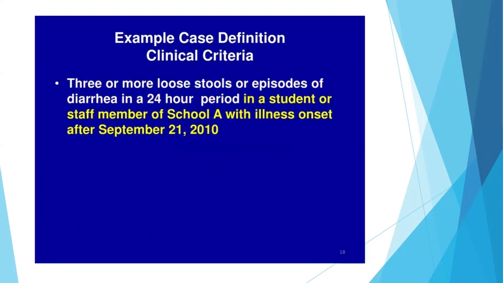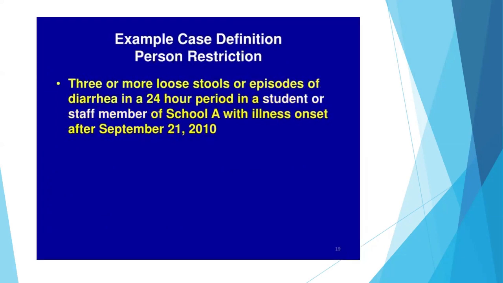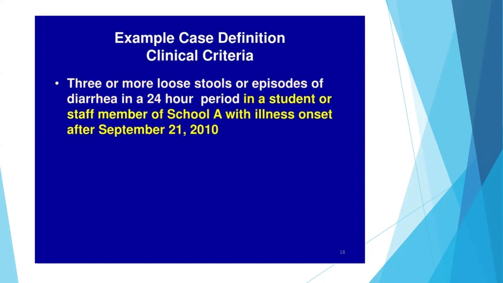Here in the same example, you can see the different types of criteria that have been fulfilled. The clinical criteria: the clinical symptoms should be three or more loose stools or episodes of diarrhea in a 24-hour period.